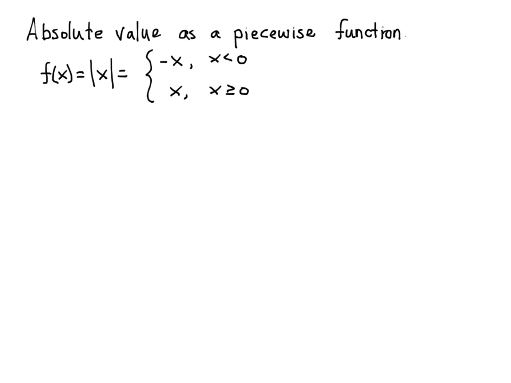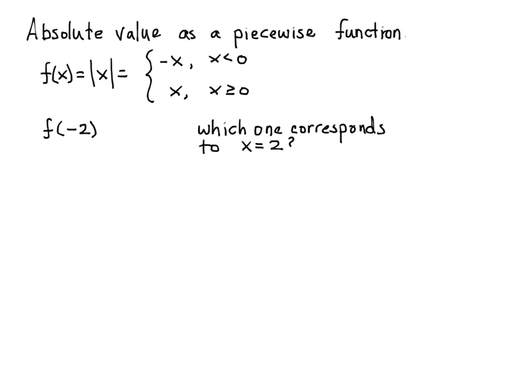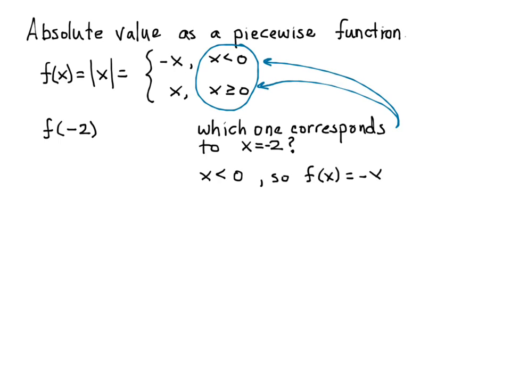Okay, so the value of the function has the opposite sign of x if x is less than 0, and it's just plain old x when x is 0 or more. So if we look at f at -2, well, -2 is less than 0, so this first line corresponds to the value.